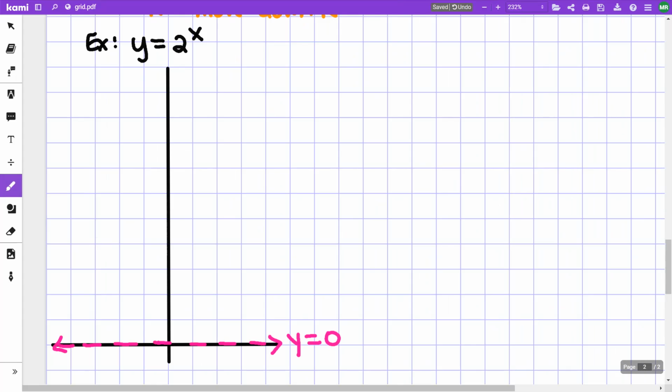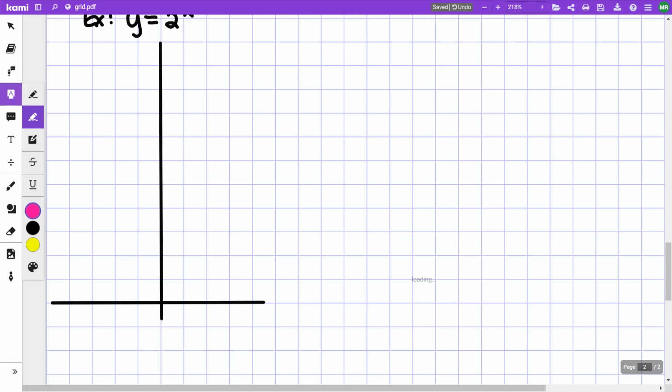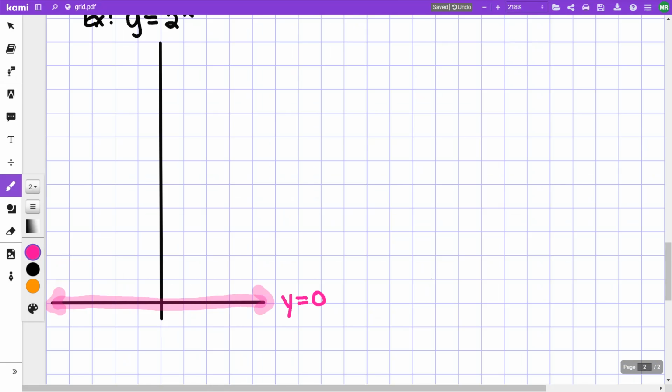So we have a dashed line, or sometimes I'll draw it with a highlighter, so that you can kind of see through it. Let me just get a highlighter. Again, it's really a dashed line, but I'm going to do it like this.